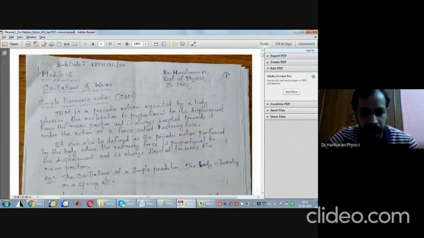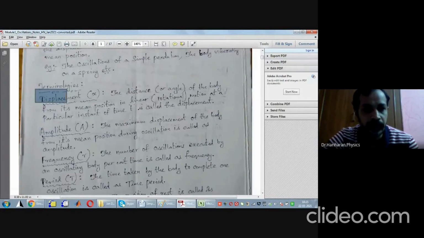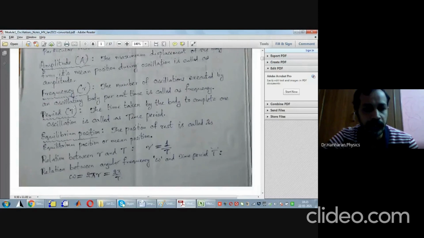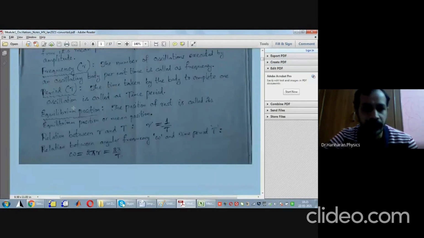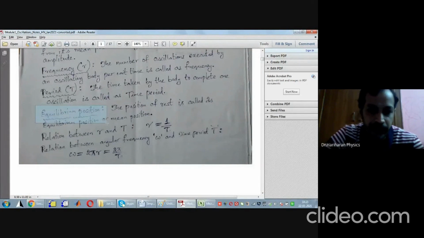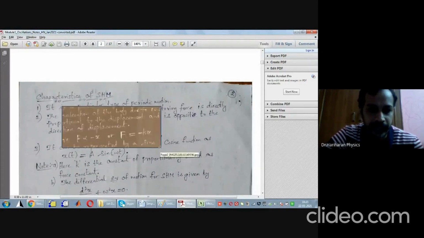I defined displacement, amplitude, frequency, time period, and equilibrium position. Equilibrium position, I described in terms of the finishing line in a 100 meters running race. Then the characteristics of simple harmonic motion, and Hooke's law, F equal to minus kx, we discussed.